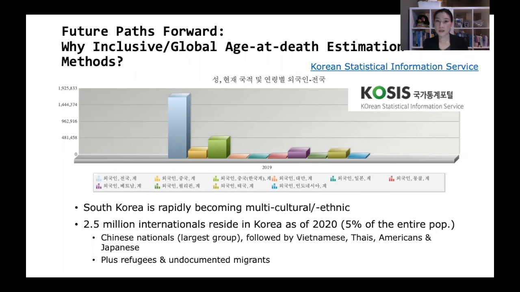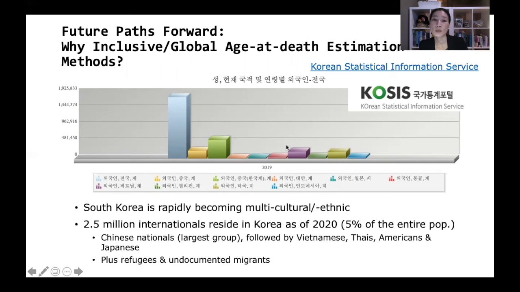As a backup of this claim, I got this handy summary statistics from the Korean Statistical Information Service. This is 2019 census data for South Korea, and this graph shows a breakdown of those foreign nationals based on their nationalities and ethnic groups.